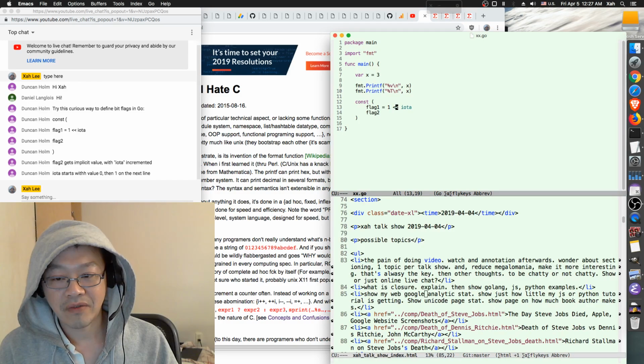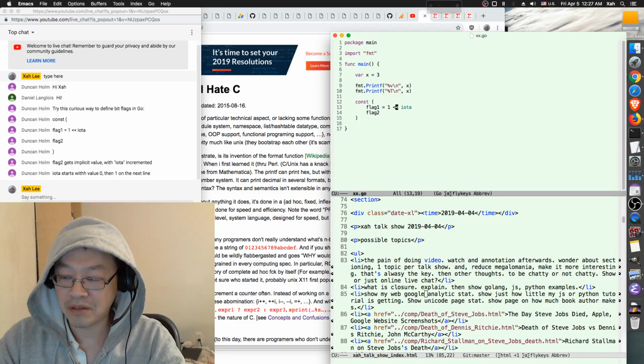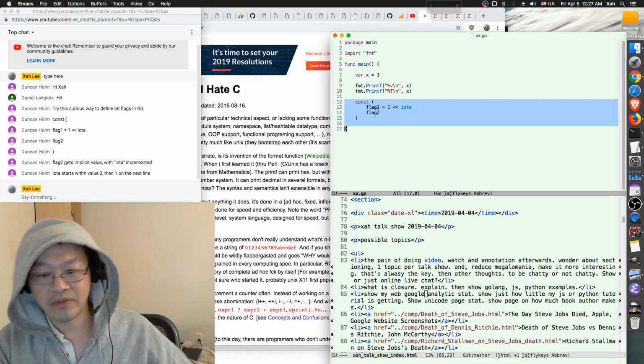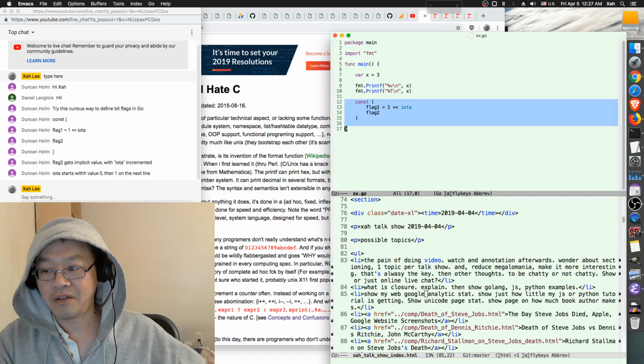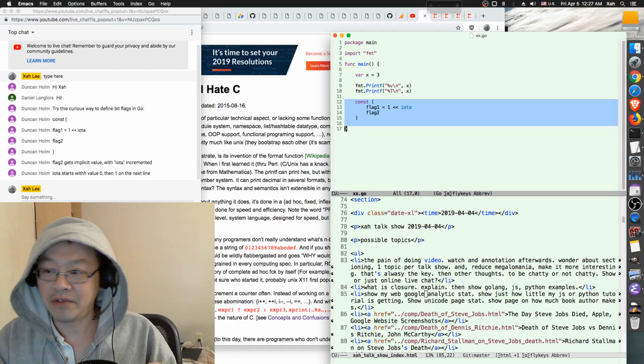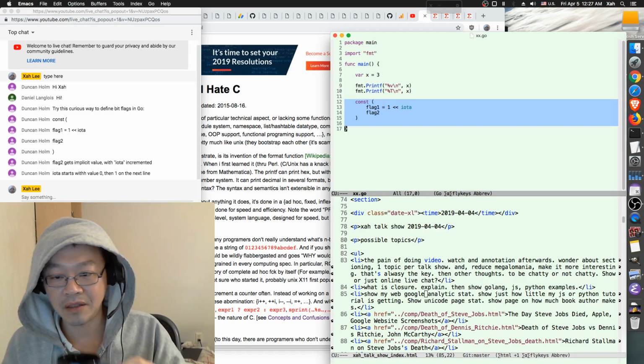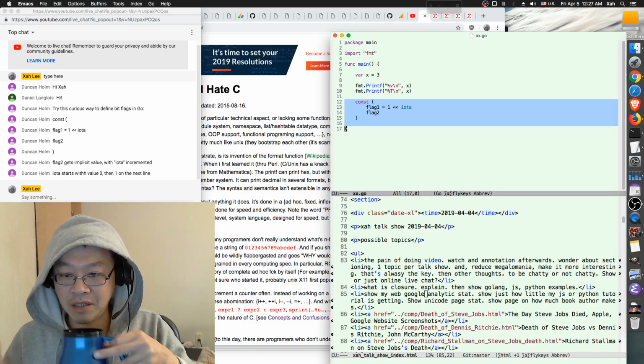You have to start with value 1 then 1. Okay, but what's the point, Duncan? I know what you're saying. So is this an example of bits in Golang, or are you saying something else?